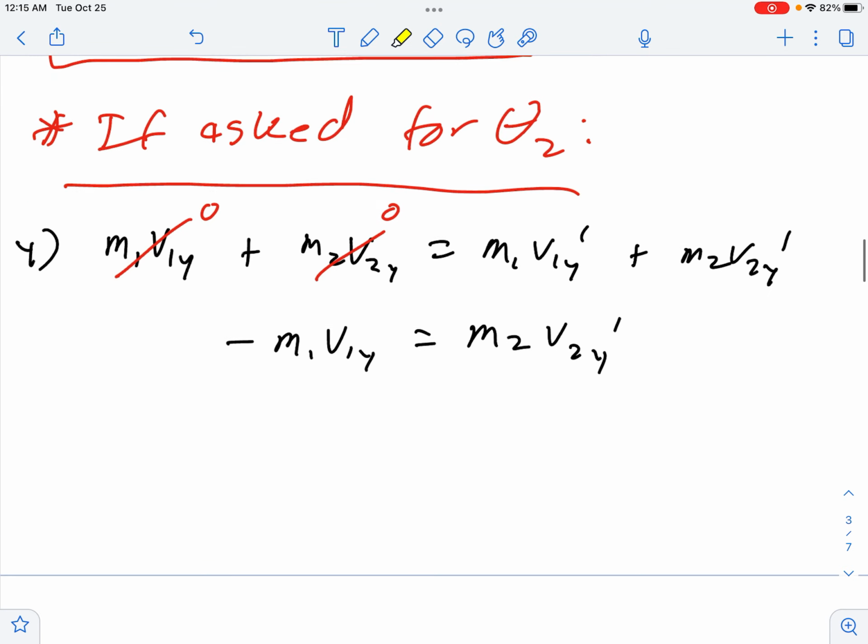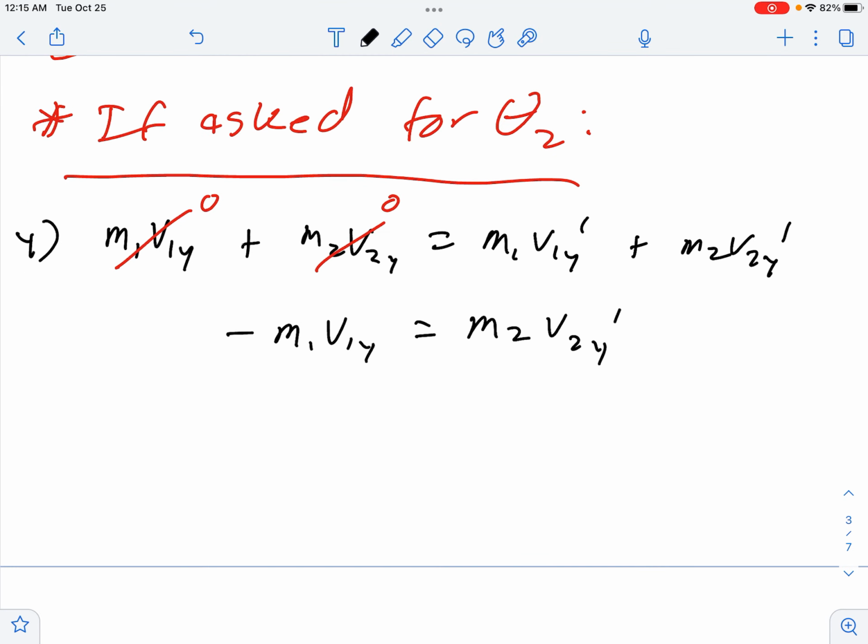So if I expand this out a little bit, m1 times v1 prime, I dropped a prime over here, sorry, v1 prime times sine of angle 1 is equal to m2 times v2 prime sine of angle 2. In this, the only part that's unknown is this angle, which means I can solve it.